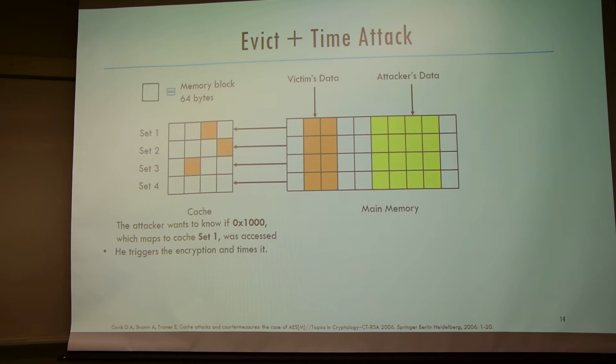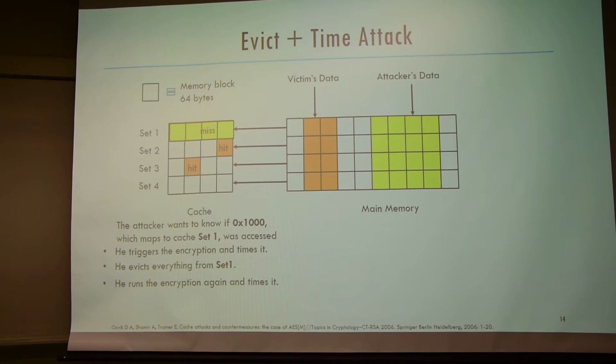He first triggers encryption and times it. It means he first triggers the victim process and times the execution of that program. Then the attacker evicts everything from set 1. He runs the encryption again.